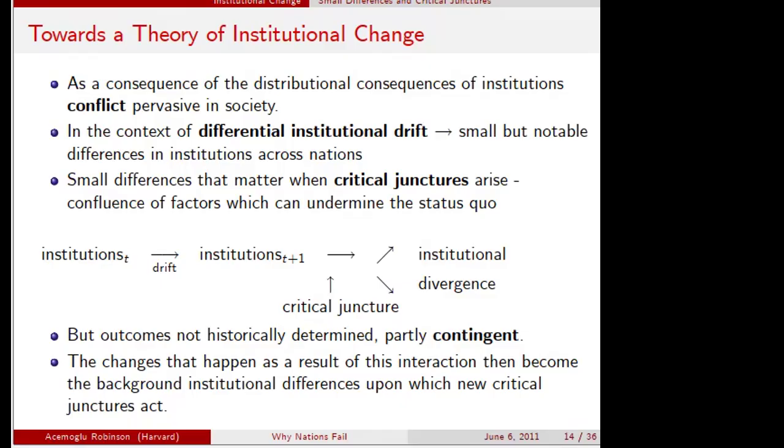Over the decades, over the centuries, countries that started at similar places end up in different places because of their drift changes. These differences may seem small at any given point, but they matter enormously when the next big event hits. So drop by drop, the sea is coming.